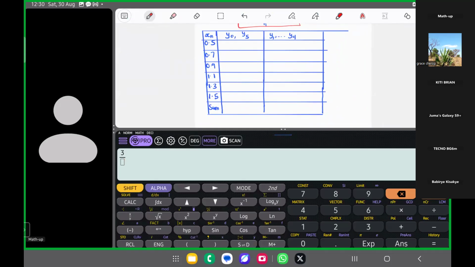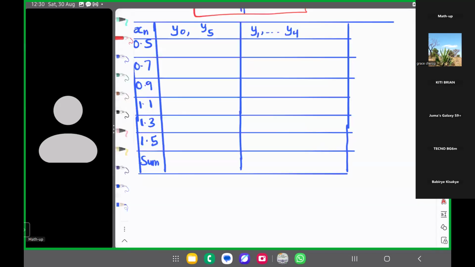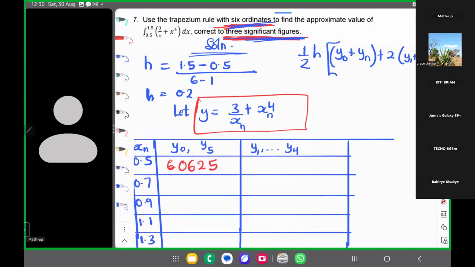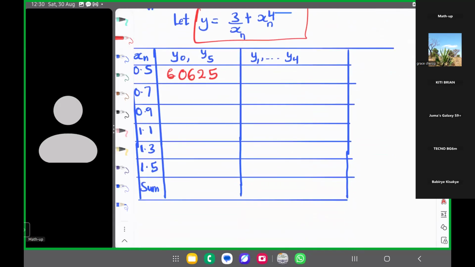Brian, for the first one, y naught is 6.0625. So then a reminder, we must give our answer to 3 significant figures. So the values you write in our table, you can use 4 decimal places, but our final answer shall be to 3 significant figures. Let us use more figures than what our final answer should be to.